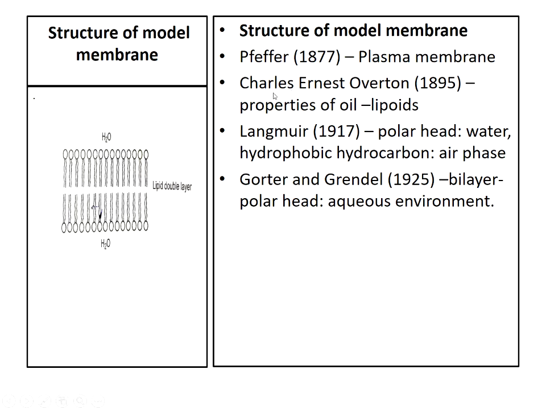Next, Charles Ernest Overton in 1895 observed that the cell is surrounded by a membrane having the properties of oil, so he called it lipoids. Lipoids is a mixture of both lipids and cholesterol.